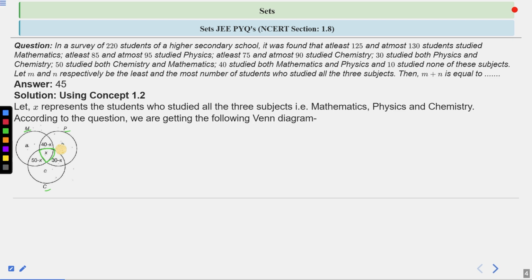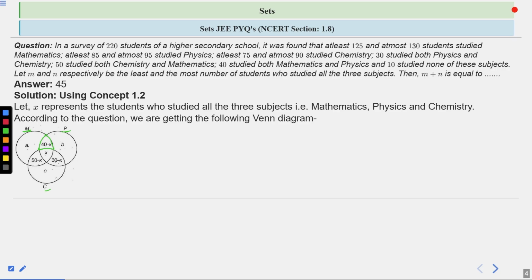Now, what about this one? This is the common region from the circles represented by M and P, meaning students who studied both physics as well as math. So we are getting this region. In this region we will have how many students? 40 minus x. Why?